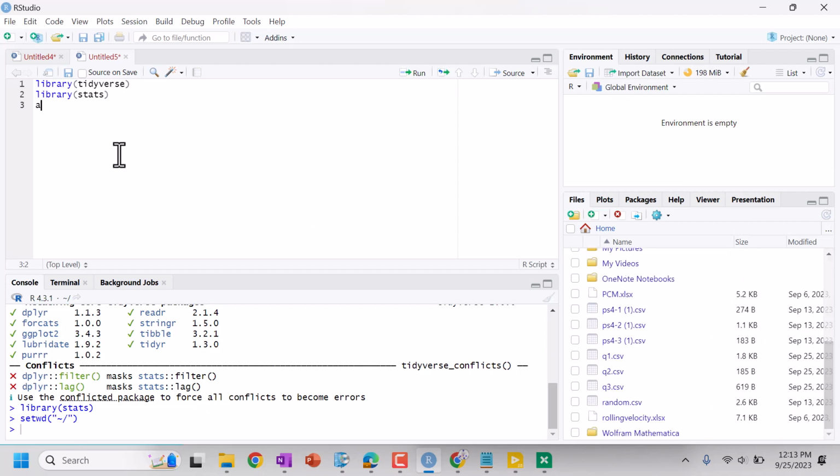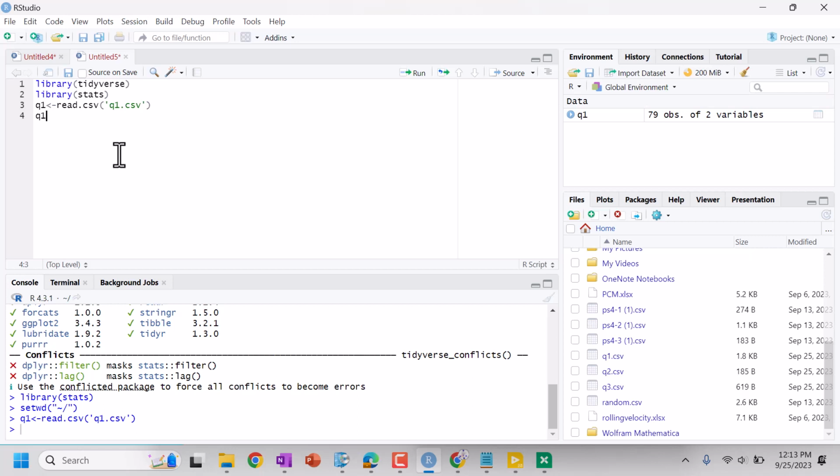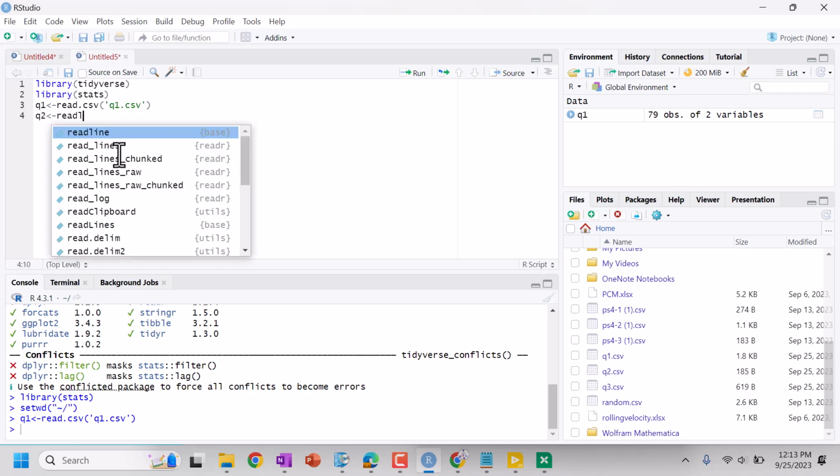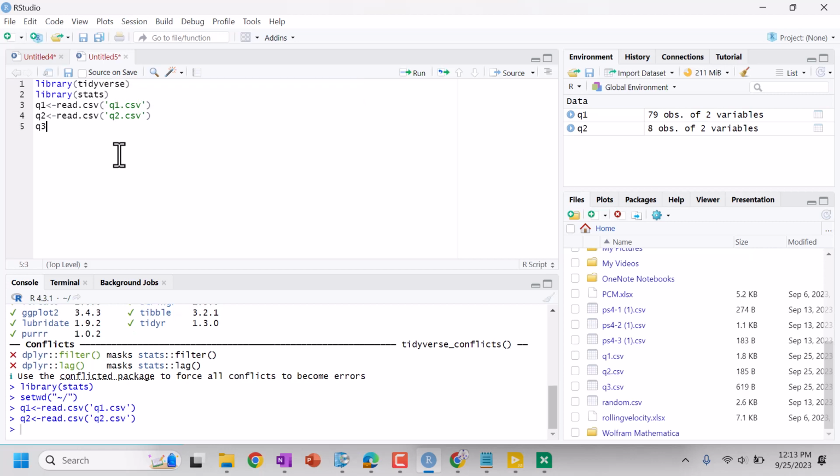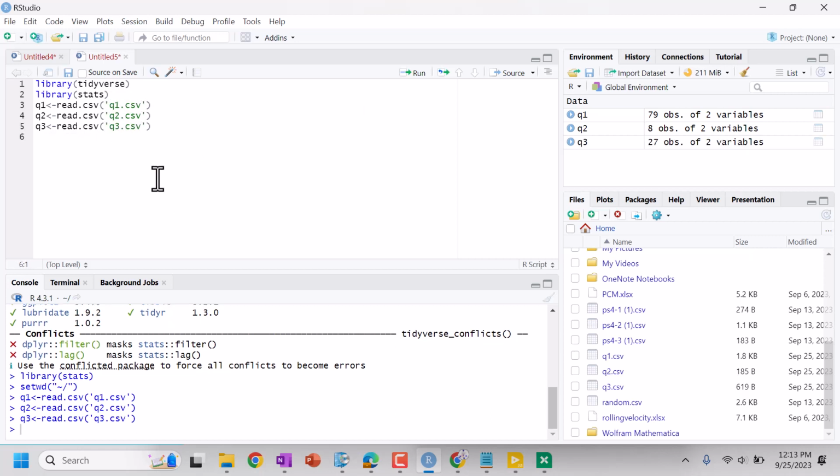I'm going to do Q1 goes to read.csv. Again, on an exam you could use whatever you want, but I would definitely suggest using R; it would be very, very helpful for your exam. Read.csv q2.csv, and then q3 read.csv q3.csv.